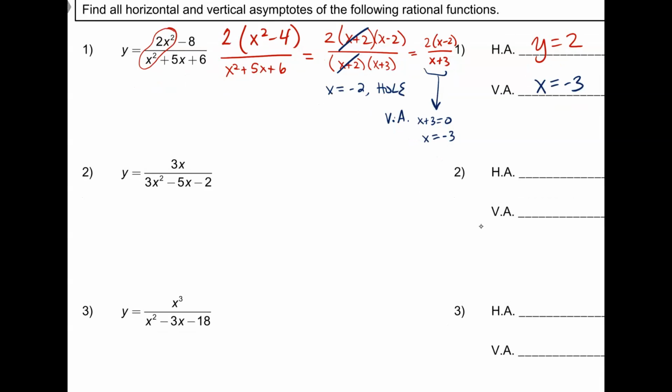So, let's try the next one. Let's look at the leading terms. This is technically a 1 and a 2. What's my horizontal asymptote? 0. Exactly. Bigger on bottom is 0. Y equals 0. Now let's see if I can cancel anything out. So let me fully factor this.